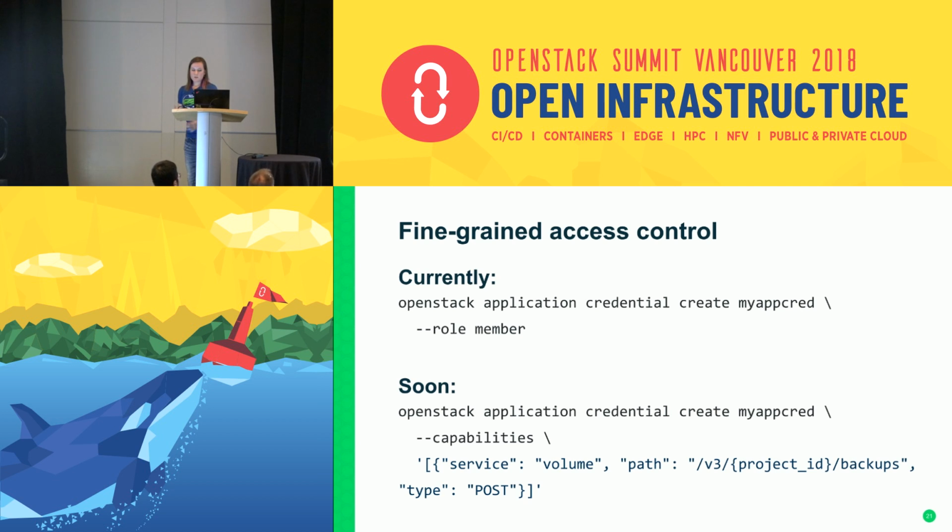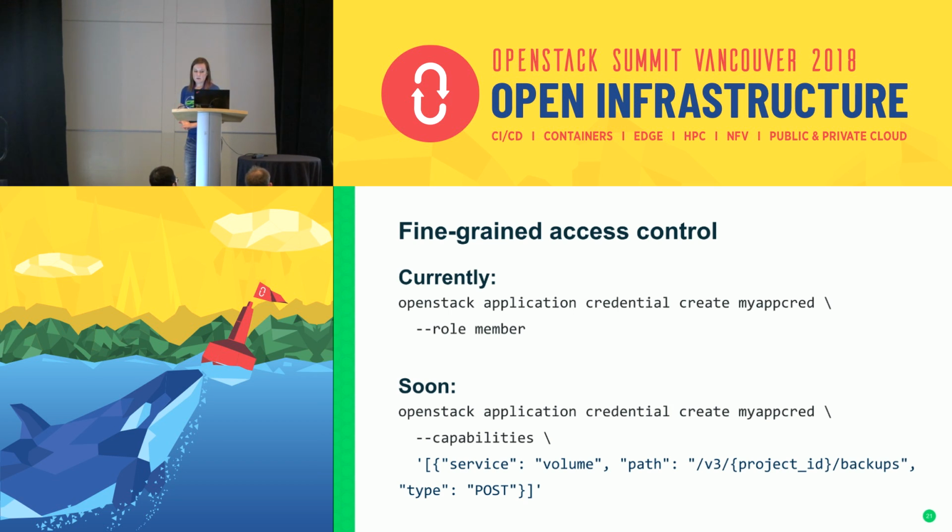But most deployments right now only have two roles. They have the admin role and the member role. And even if they have more than that, the user can't assign roles to themselves in order to grant them to their application credential. And more than that, they can't discover what roles they need in order to ask an administrator for those roles.